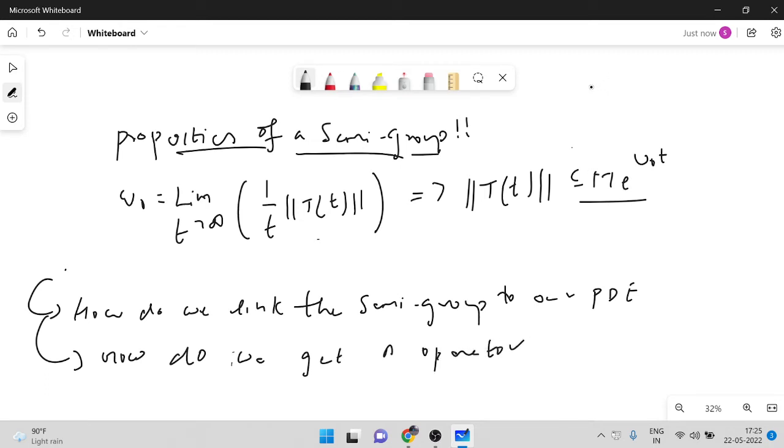So say you have e power At. So what are the ways of getting A? One thing that you can do is differentiate e power At and take the limit t equals 0. So that is the basic idea of things.